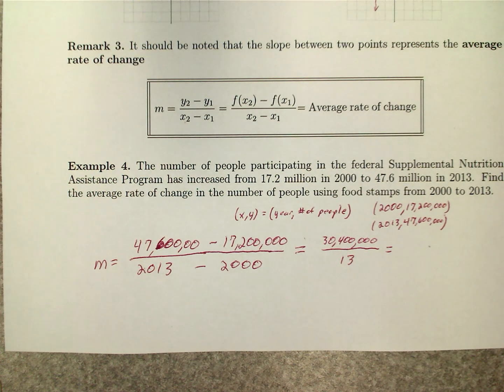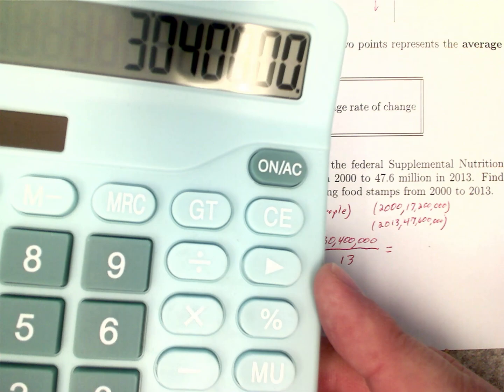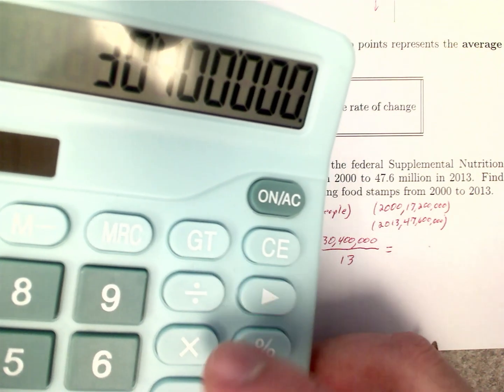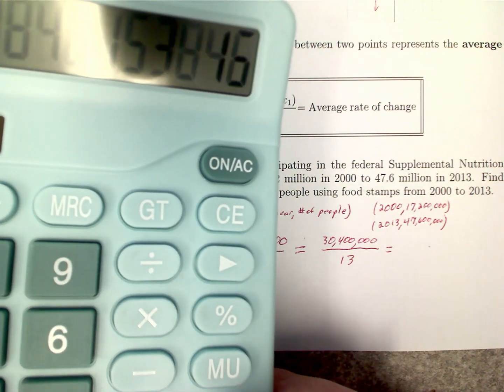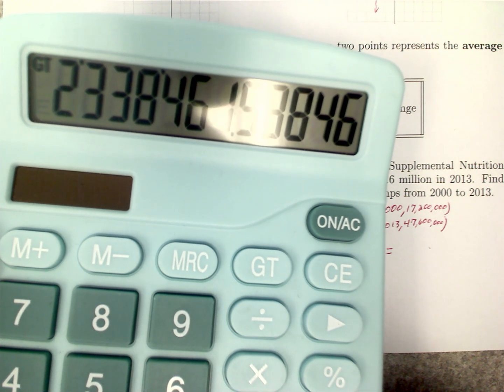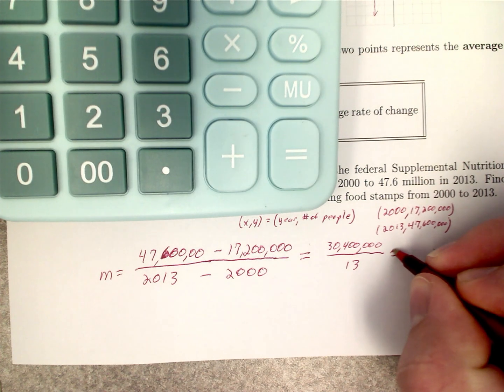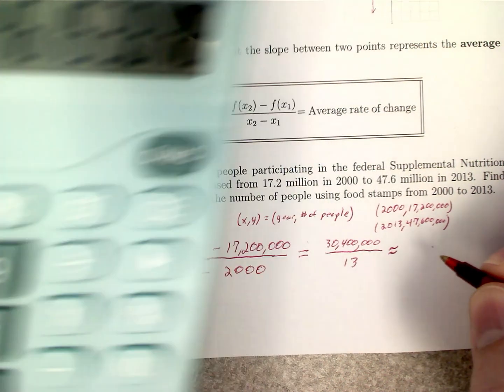If we wanted to get a more precise number, we should simplify this fraction, at least to a decimal. 30,400,000 divided by 13 yields about 2,338,461, so we'll put an approximation sign there.